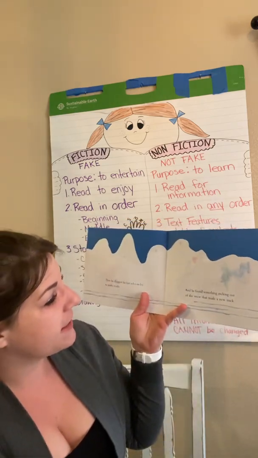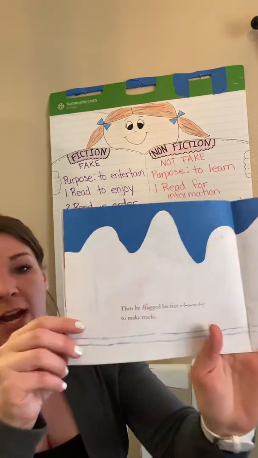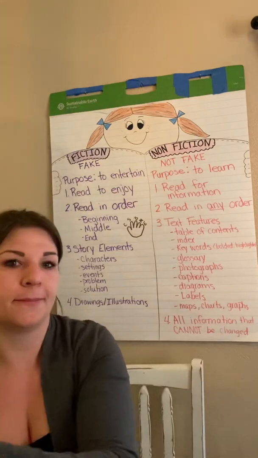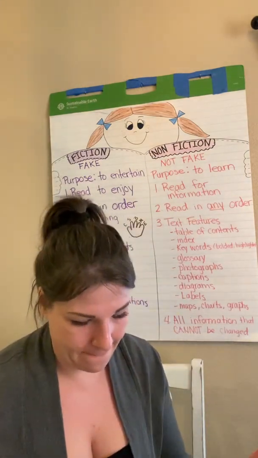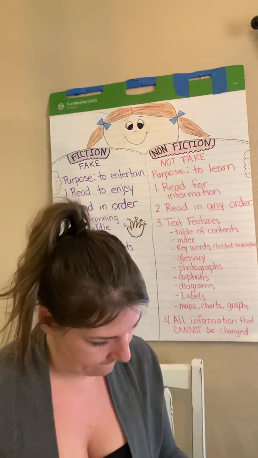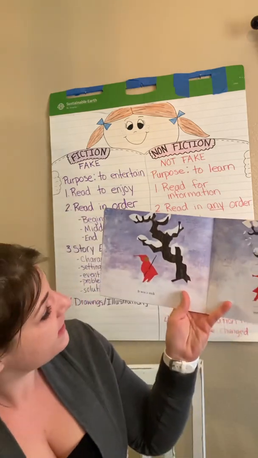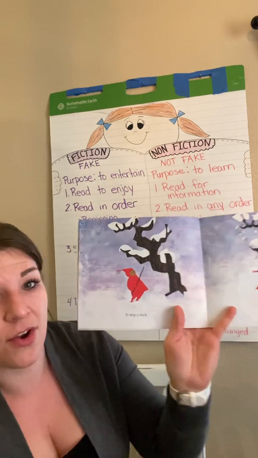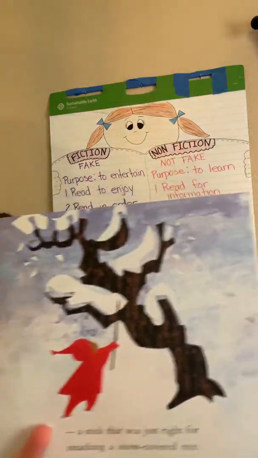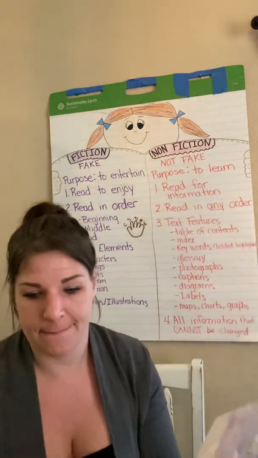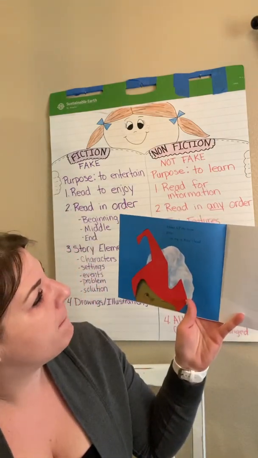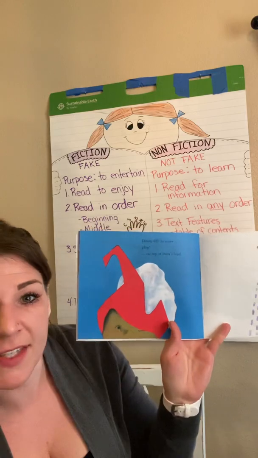Then he found something sticking out of the snow to make a new track. It was a stick that was just right for smacking a snow-covered tree. Down fell the snow, plop, on top of Peter's head.